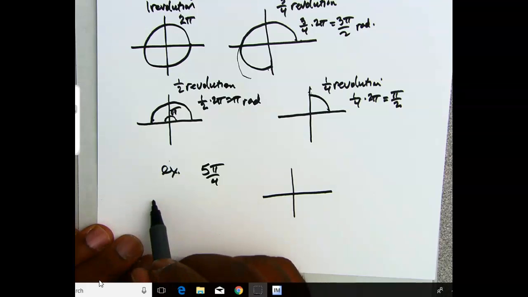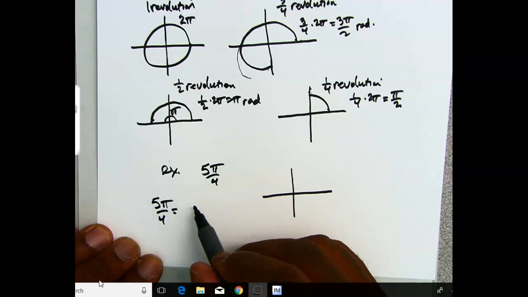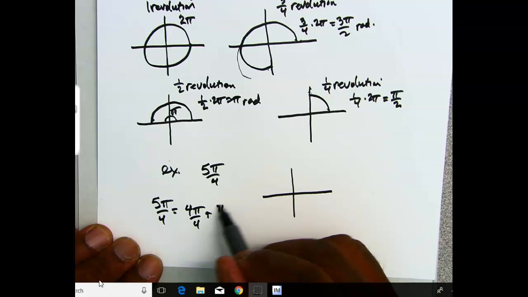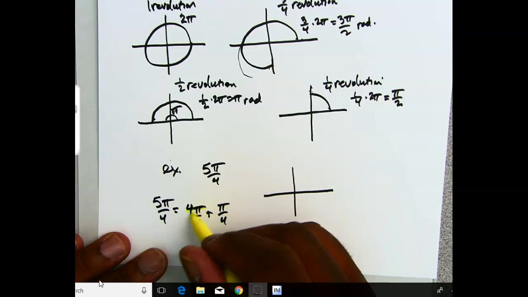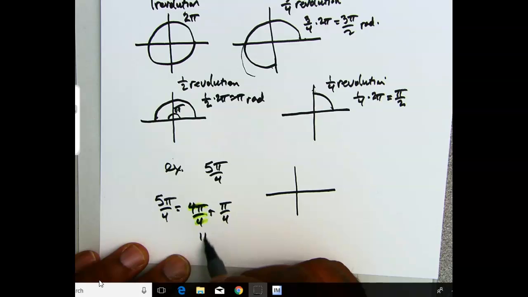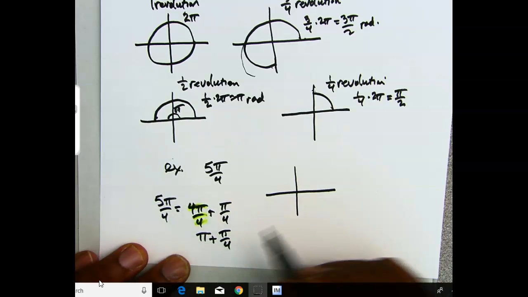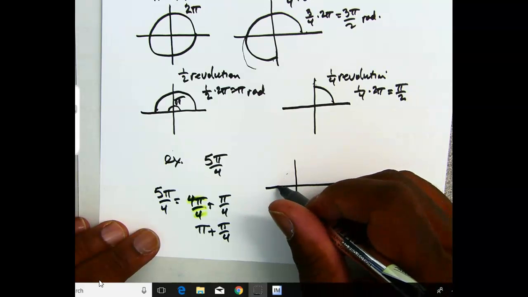Now 5 pi over 4 is the same thing as 4 pi over 4 plus pi over 4. And 4 pi over 4 is just pi, since 4 over 4 is 1. So that's pi plus pi over 4. So it's going to be half of a revolution, then plus pi over 4.